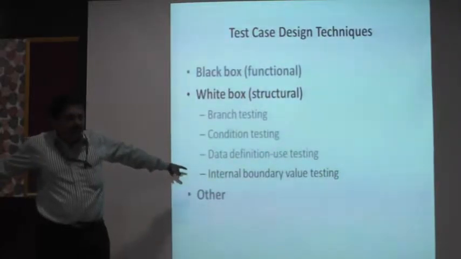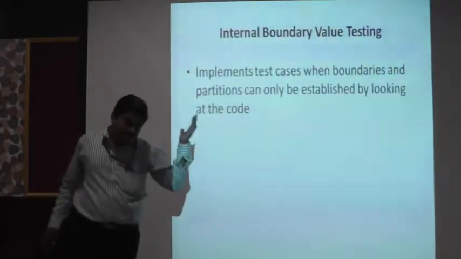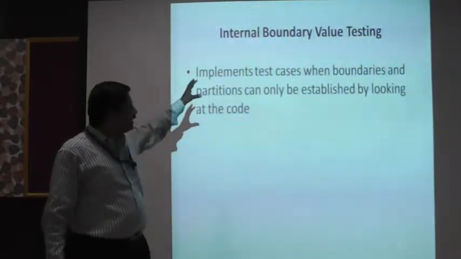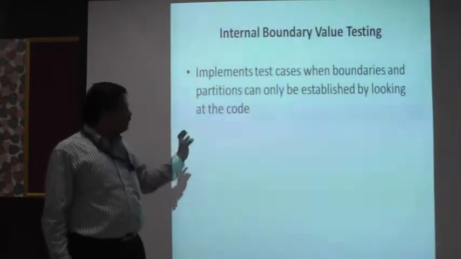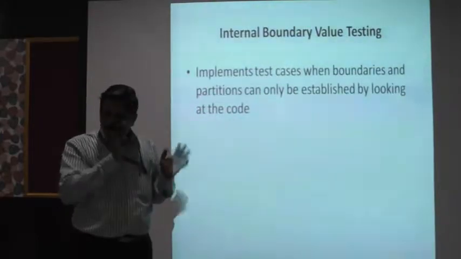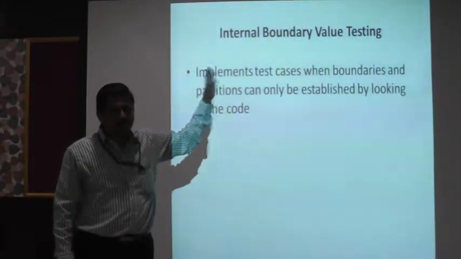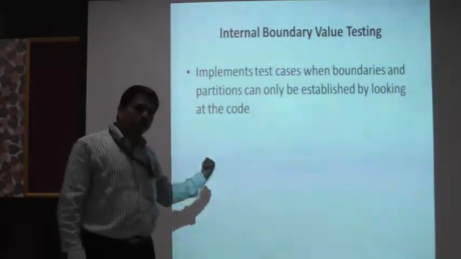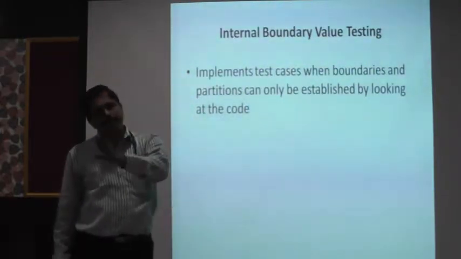Now the last one is internal boundary value testing. It is similar to behavioral testing, wherein you have boundary value analysis. Even here, boundary value testing works based on the lower limit and the upper limit. The major difference from black box testing is that in black box testing the code is not visible, whereas in white box testing the code is visible, and the lower limit and upper limit are visible.